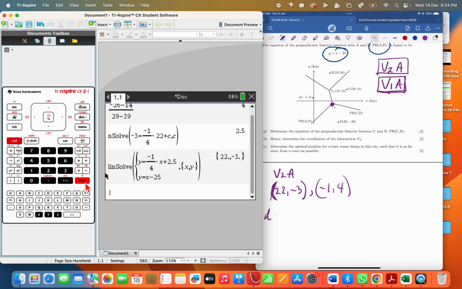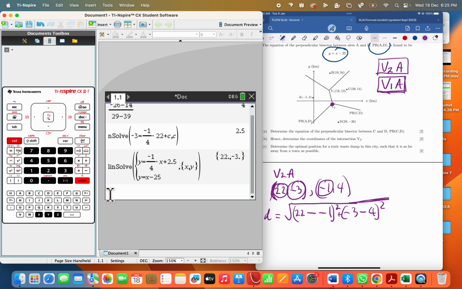So the distance equals the square root of x2 subtract x1. That's really important that you put the negative in there. And then y2 minus y1 squared. It's important we have all of these in, right?